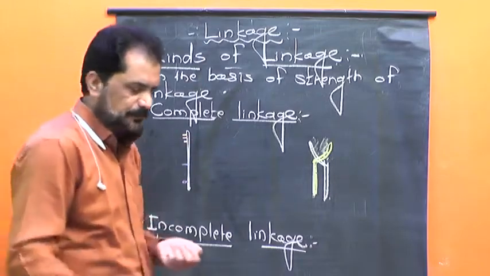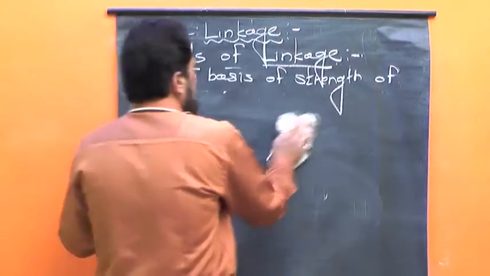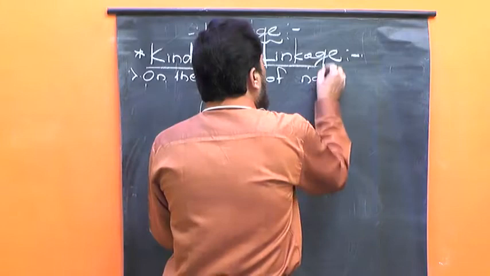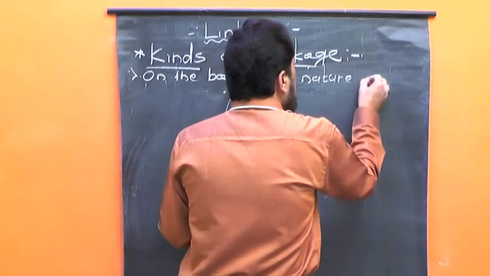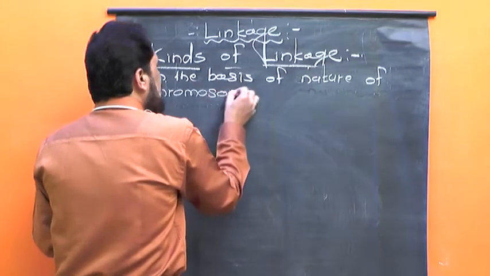Anyway, so here we have discussed about the types of linkage on the basis of strength of linkage, complete and incomplete. Now, the linkage can be classified on the basis of nature of chromosomes, or type of chromosomes. It's very simple.